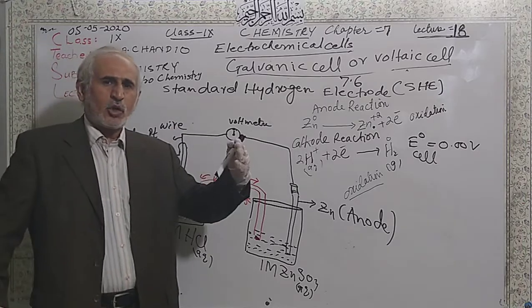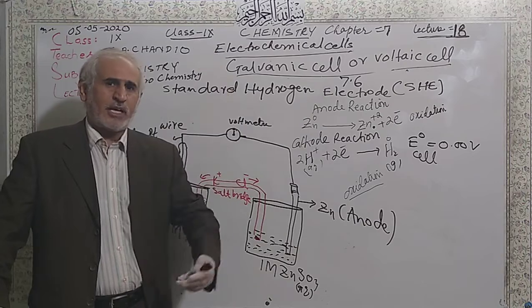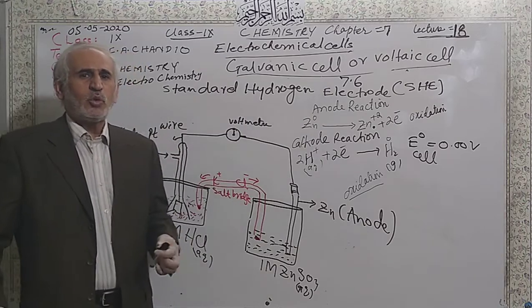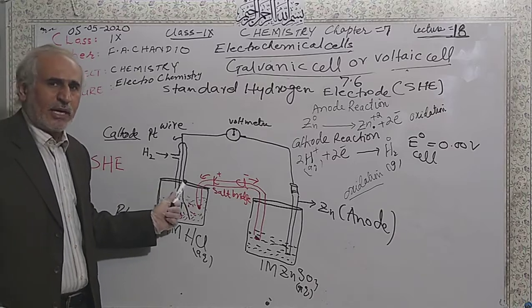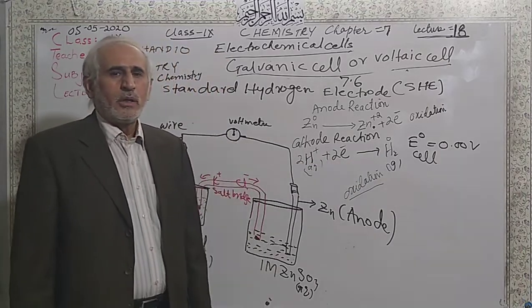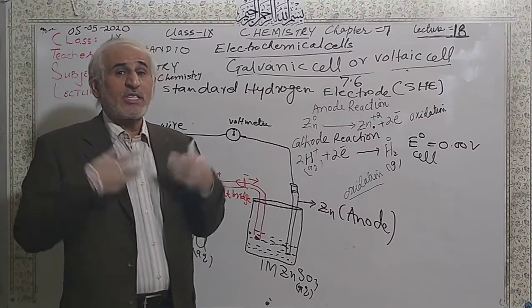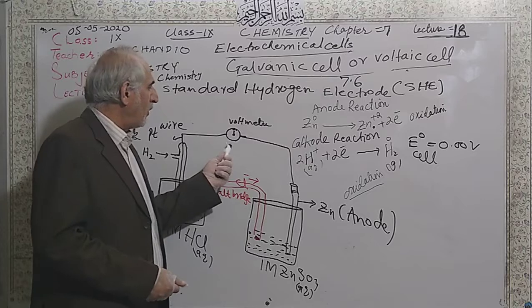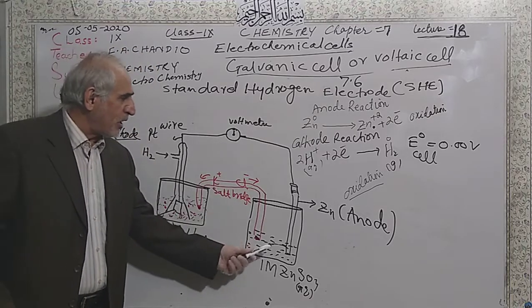So in the electrochemical series, when you visit the table, all the values are calculated by using the standard hydrogen electrode, because it is arbitrarily 0. It is standard, its value is 0. So if its value is 0, then you will be able to calculate the electrode potential for the zinc.